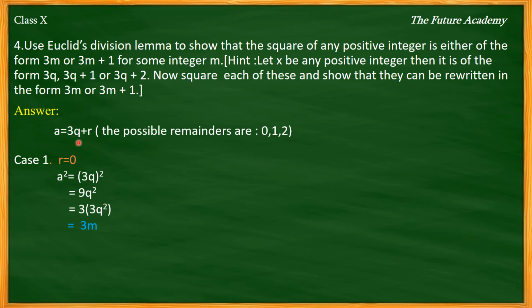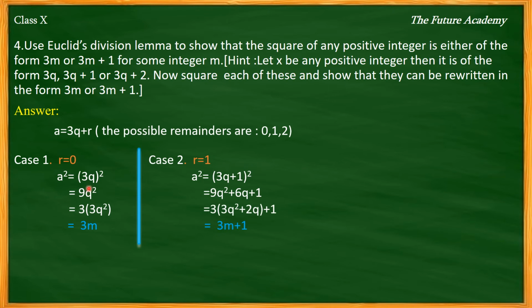On squaring both the sides, we get a square is equal to 3q whole square. This can be written as 9q square. Here we can write 9 as 3 into 3. So we can write this as 3 into 3q square. Let us assume that 3q square as m. Now we get 3m.